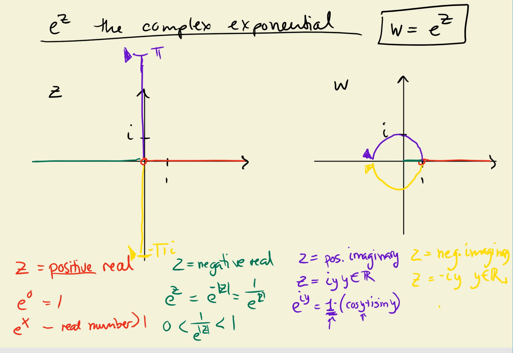So let's say I have some numbers here on this line, which is supposed to be a straight line going through 2 on the real axis. How would this line be mapped?